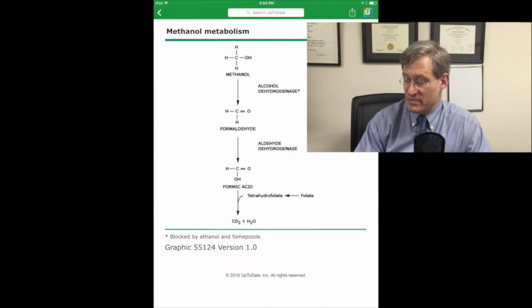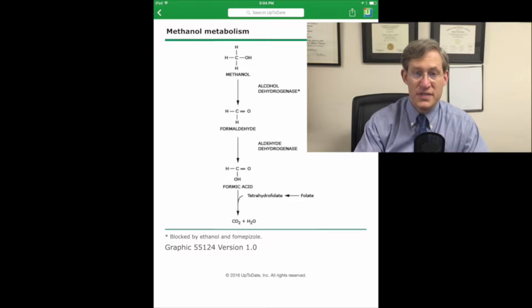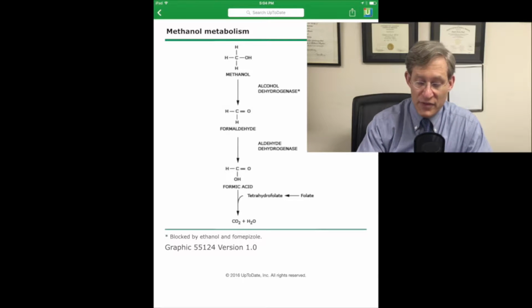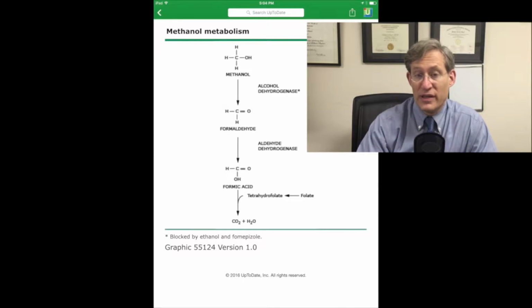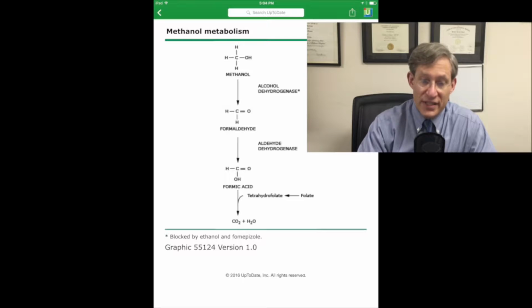I would begin by sharing with you some of these slides, where you can see that methanol is broken down into formaldehyde and then formic acid. It's very important to note here that the enzyme involved in breaking down methanol is alcohol dehydrogenase.